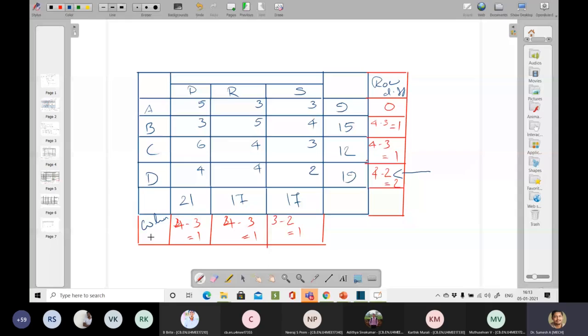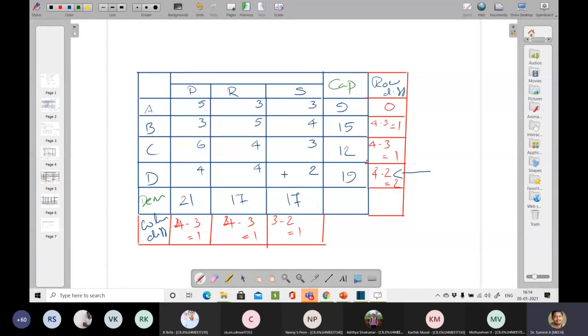And which is the lowest cost? Lowest cost is 2. You can see the demand and capacity, what is the status? How much allocation can I give? 17.